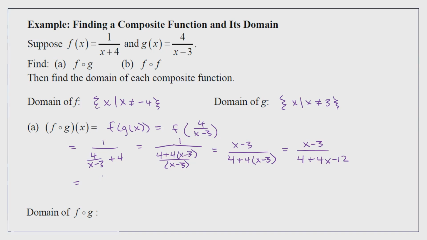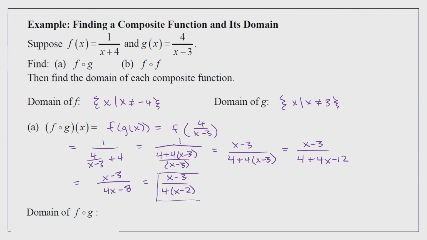I can combine the 4 and the negative 12 and get 4x minus 8, which in factored form is 4 times x minus 2. Now, f of g of x equals x minus 3 divided by 4 times x minus 2.